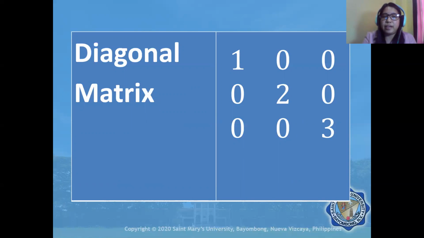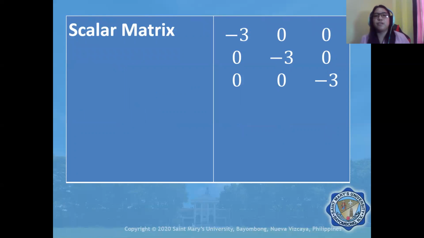So it's called a diagonal matrix. For a scalar matrix, as you can see, all the values in our diagonal are the same and the rest are equal to 0, or all other elements are equal to 0.